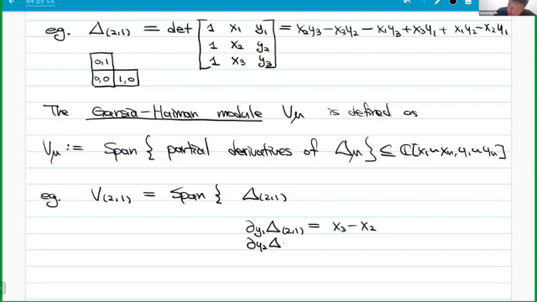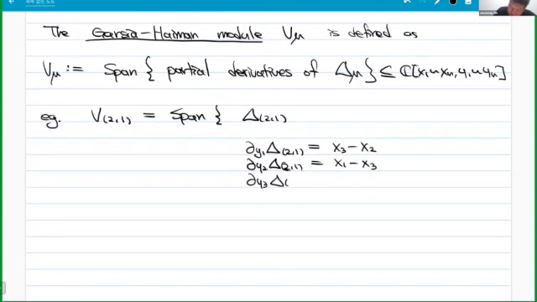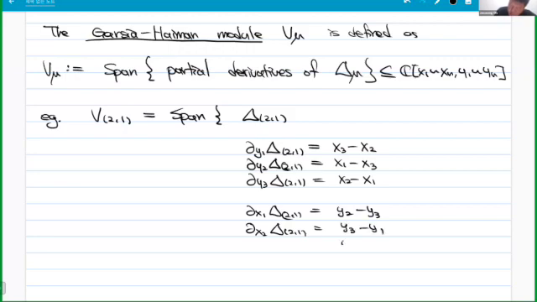And partial y2 will give x1 minus x3. If you believe me, I'll just write down all the partial derivatives: x2 minus x1, and partial x1 is y2 minus y3, partial x2 is y3 minus y1, y1 minus y2.